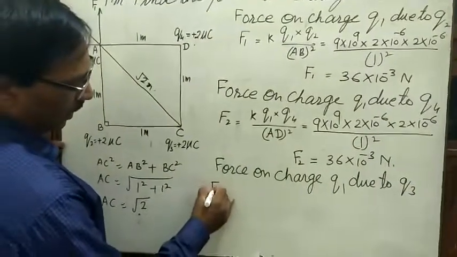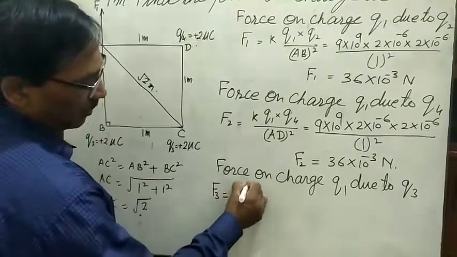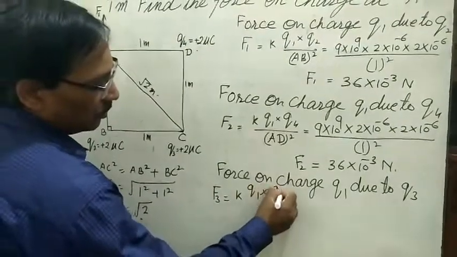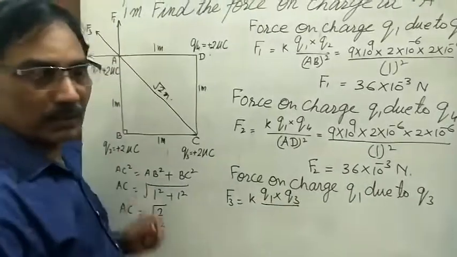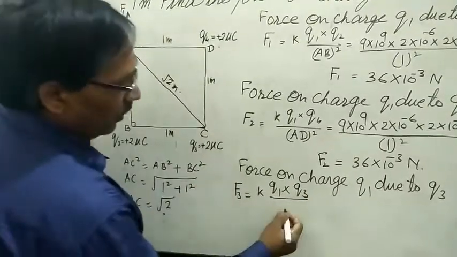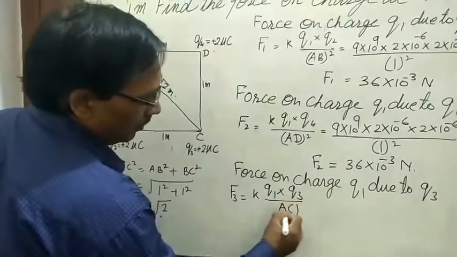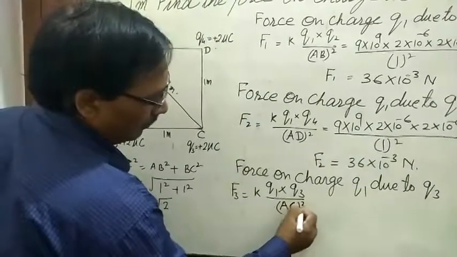We will have this F3 is equal to K Q1 into Q3 by AC square. The distance is AC square.